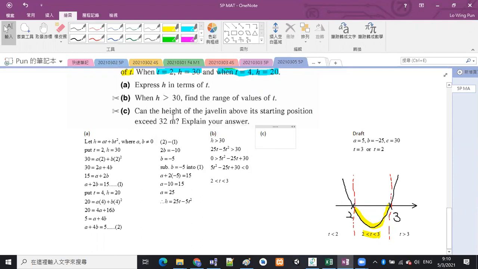The height is h, and this time I want to determine whether the height can exceed. Exceed means more than. Okay, can this be more than 32 meters?